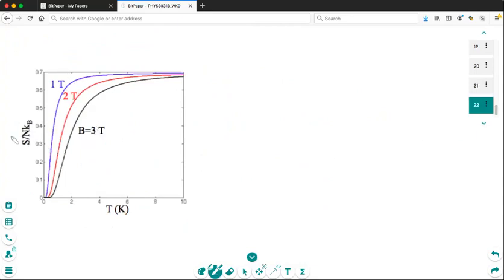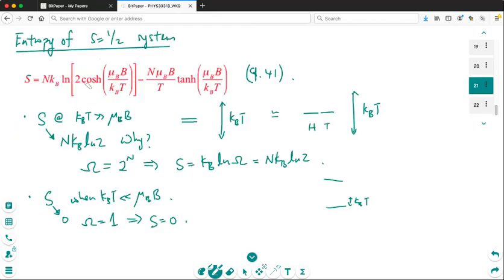I plot S divided by N k_B. This is in the unit I like. Because once you do it this way, you get an energy scale divided by another energy scale, which gives you a way to compare them.